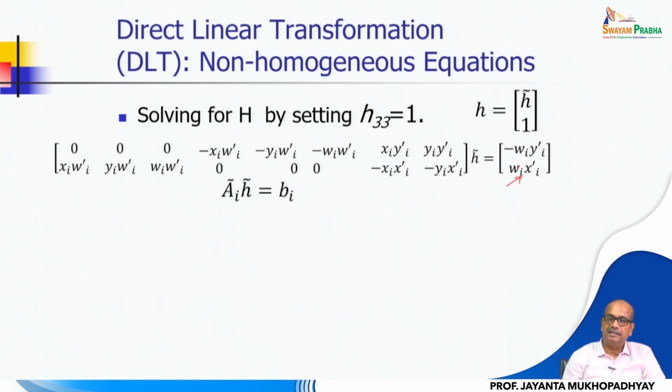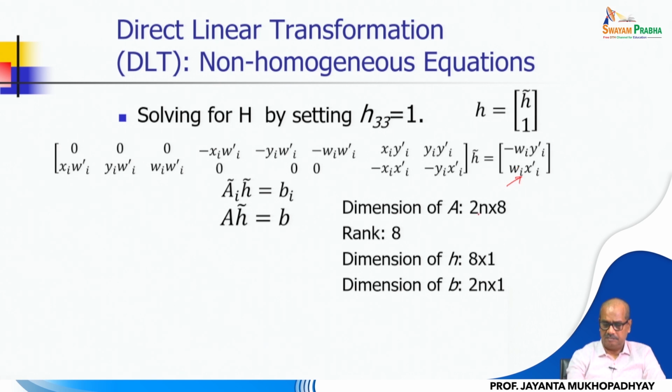I have already discussed this part earlier in several lectures: when you have this kind of least square error method for non-homogeneous equations, you can simply use the pseudo inverse technique. So this is a single equation, and I can consider a stack of these equations for each point correspondence. So if there are n point correspondences, then the dimension of A would be 2n cross 8.